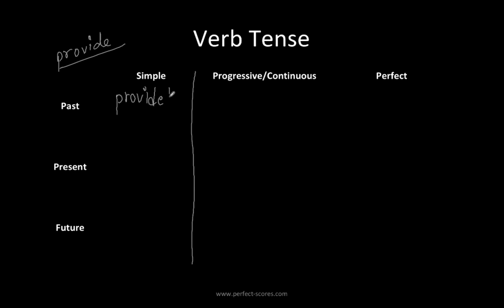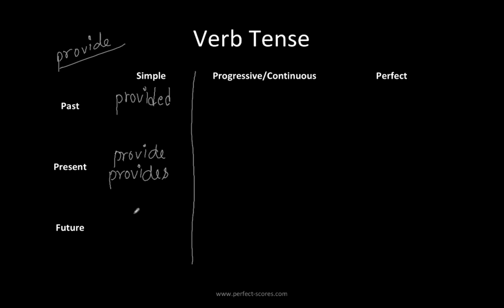So in all cases, we are using provided. If you come to the simple present, it's going to be I provide, you provide, they provide, or he provides, she provides, the teacher provides, the person provides. So depending on the subject-verb agreement, you can easily change the tense.